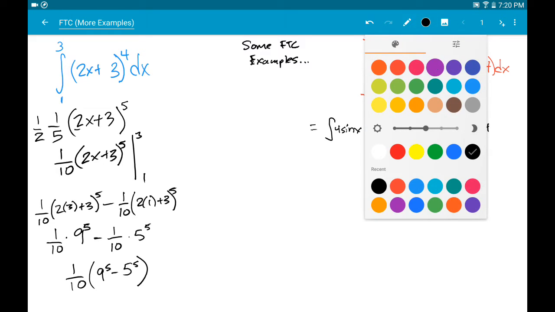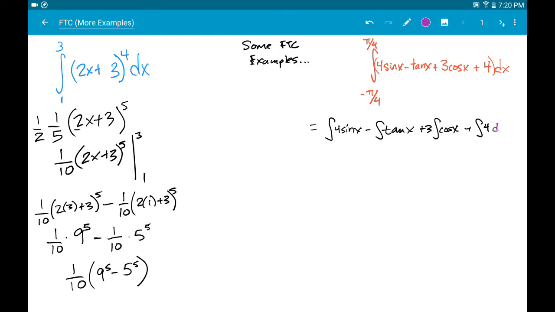And with all these, we need to have our dx's in here to make it formal. And all of these have limits negative pi over 4 to pi over 4.